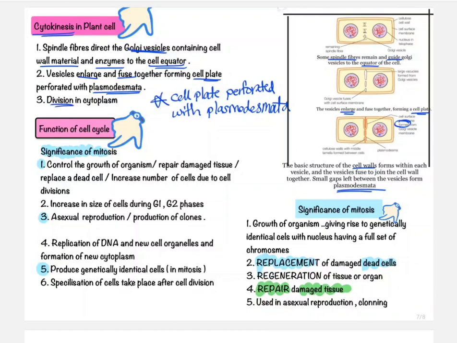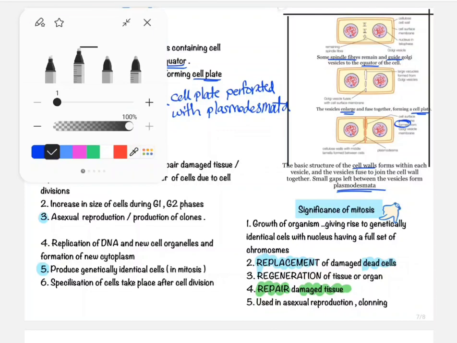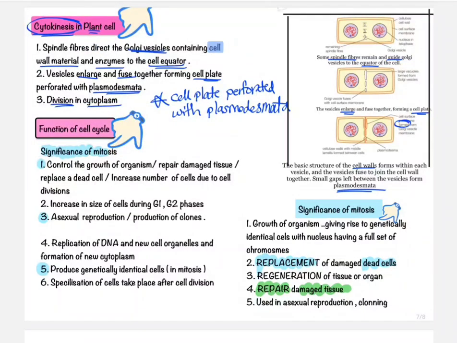Of course, this is the division of the cytoplasm, cytokinesis. In a plant cell, what is special is that the spindle fibers direct the Golgi vesicles to the cell equator, carrying very special cell wall material and enzymes in order to form this. It has the enzymes and the cell wall material for that specifically.